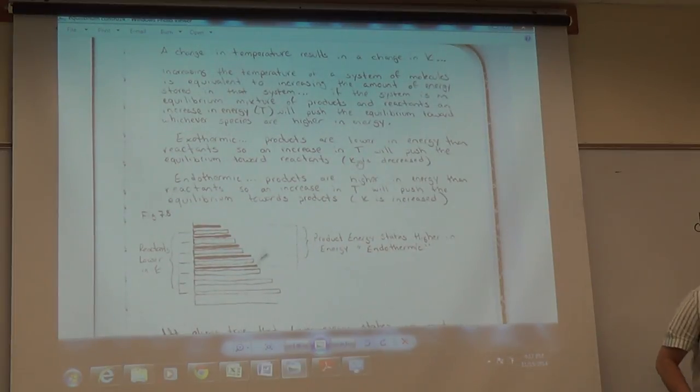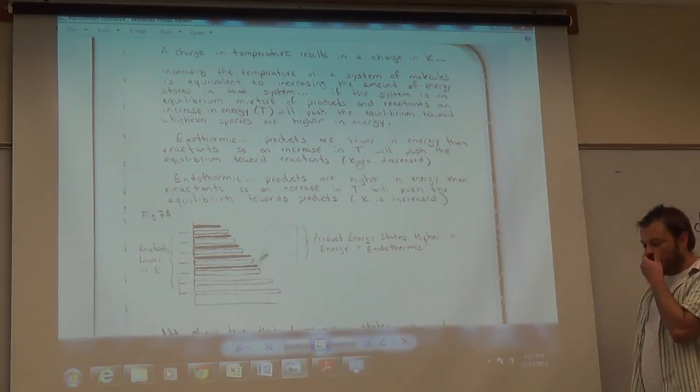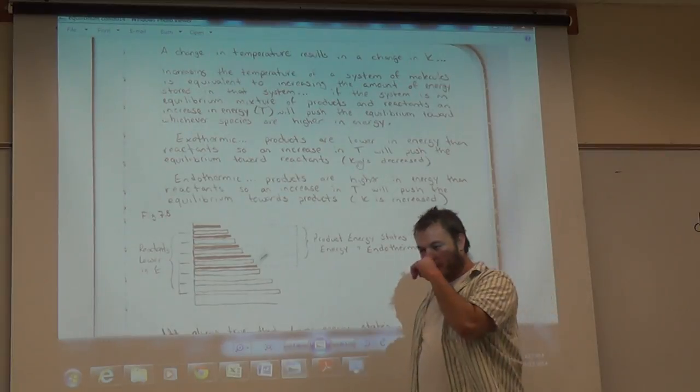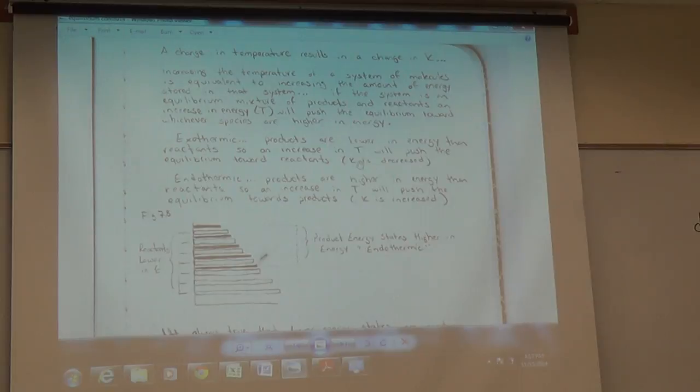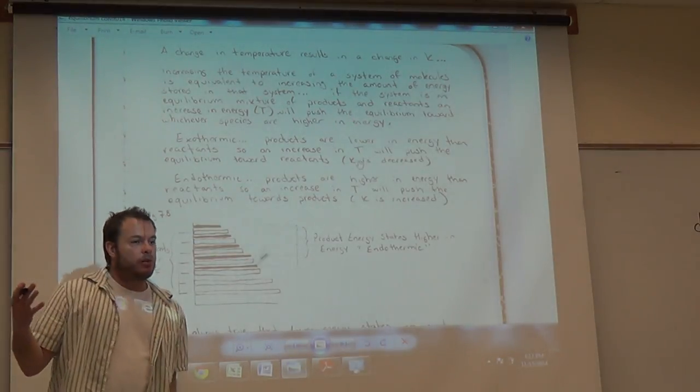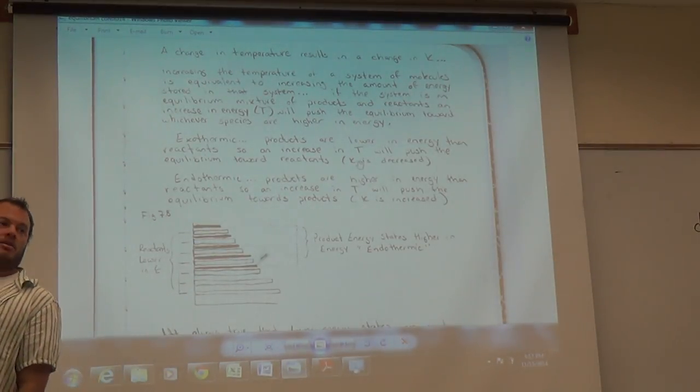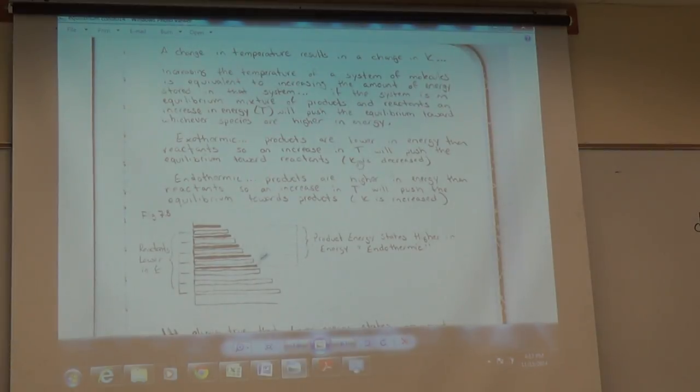So now we're going to have a conversation that we had one time before, early on in the semester, when we were talking about the Boltzmann distribution. We looked at Le Chatelier's principle, that if you end up with heat on the product side of your equation, an increase in heat will shift the reaction towards reactants, right?